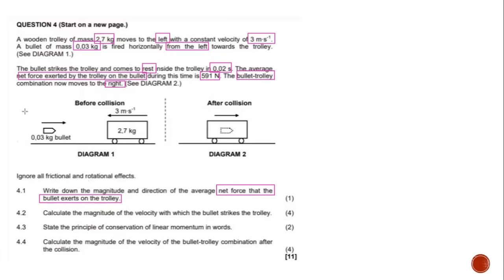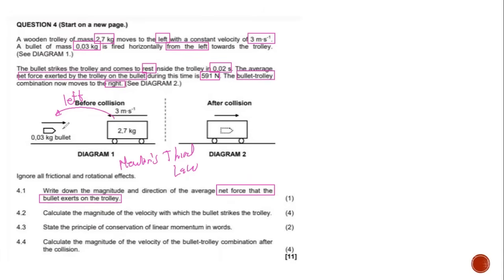Now, we do know one thing according to Newton's third law. The force that the bullet exerts on the trolley will be the same magnitude as the one that the trolley exerts on the bullet. The only difference is that they will be exerted in opposite directions. So the trolley exerts a force to the west, or to the left of the diagram, towards the bullet.